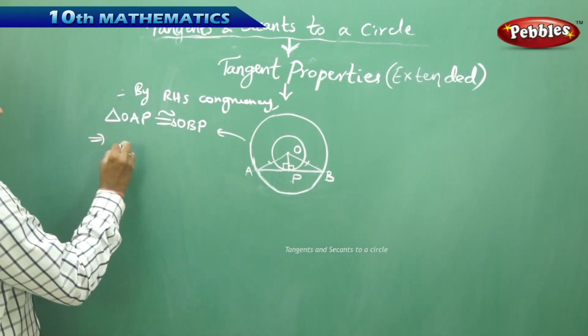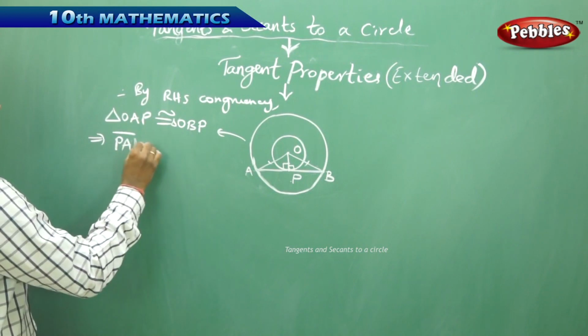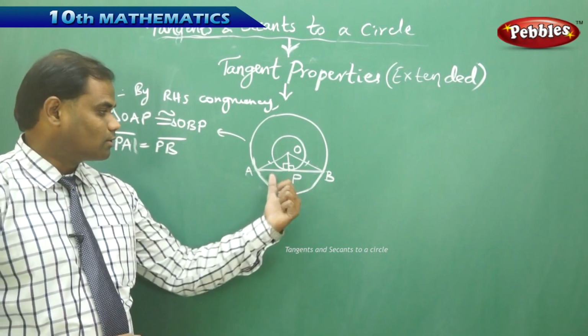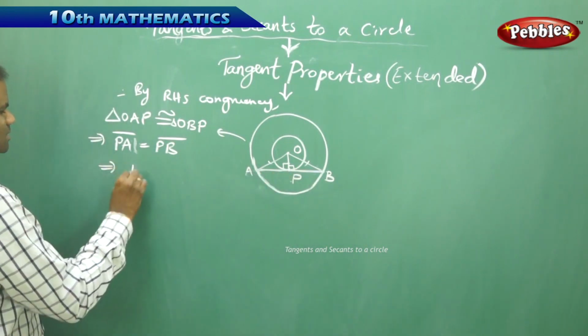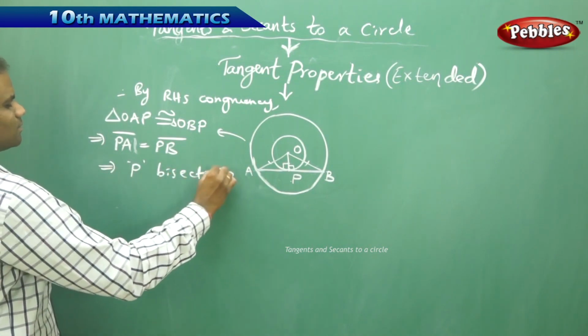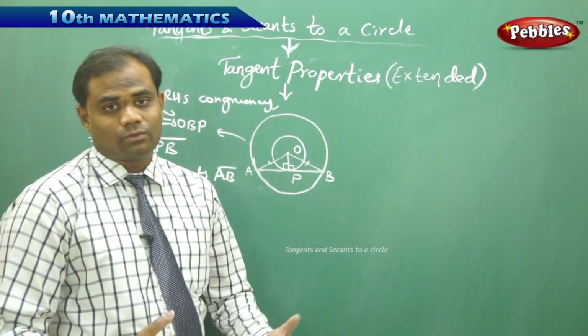That implies PA must be equal to PB, which we have proved through the congruency of two triangles. Therefore PA is equal to PB implies P bisects AB, which is what the statement concludes.